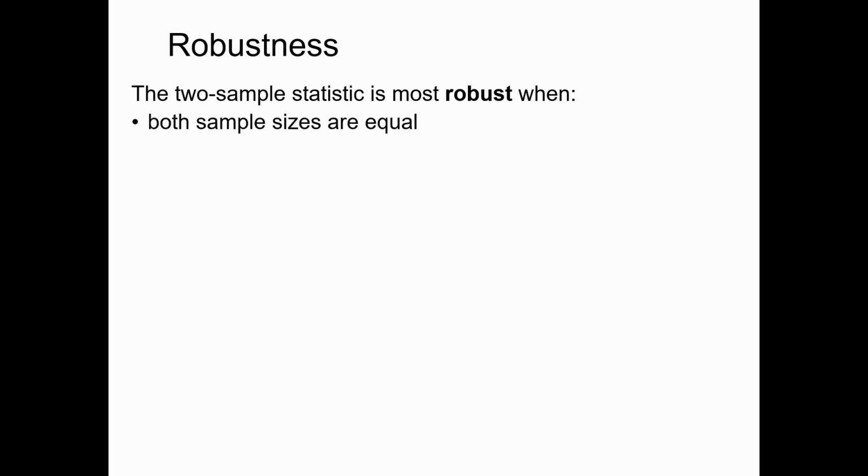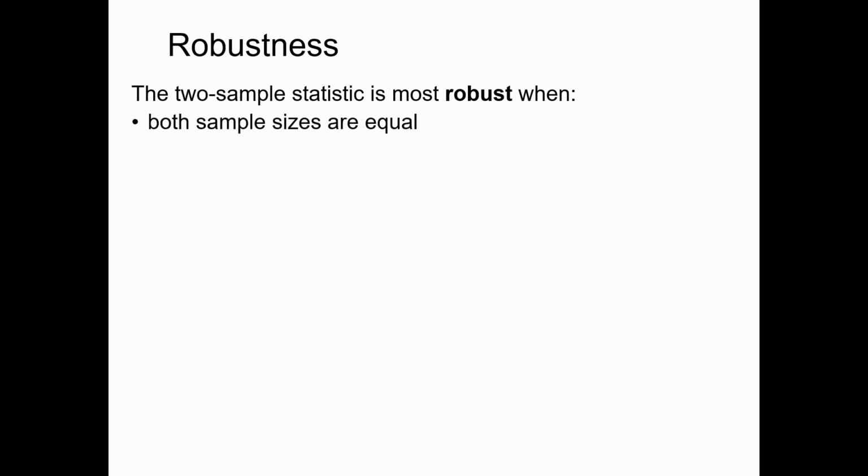Robustness, to go into this a little bit more: another way of saying robust is that it's least affected by, or least biased by, or is still very accurate, even when the assumptions are not perfectly met, as long as, one, both sample sizes are equal.